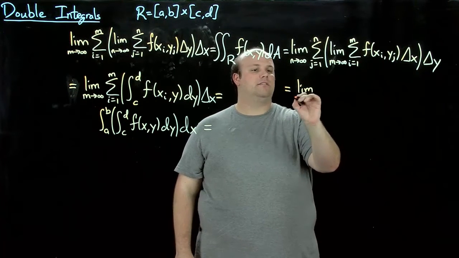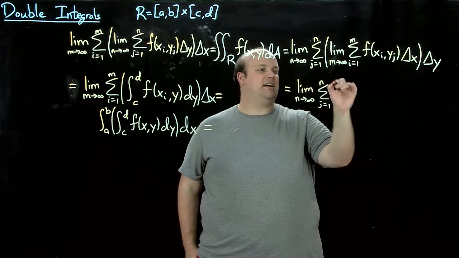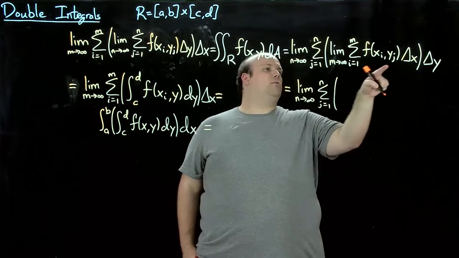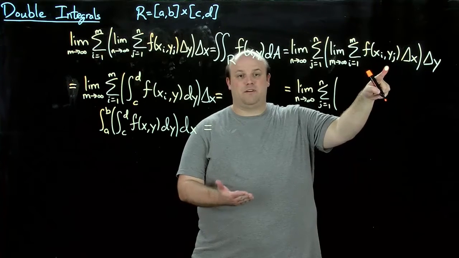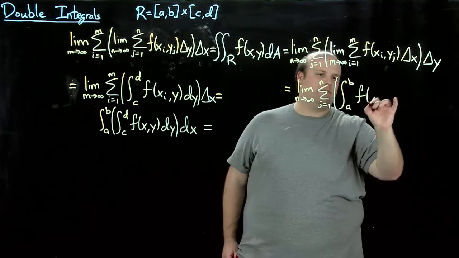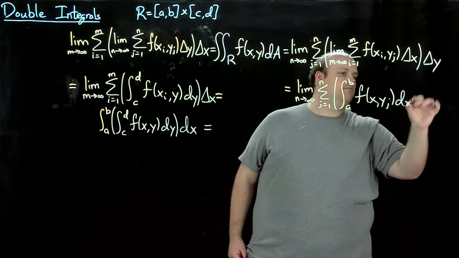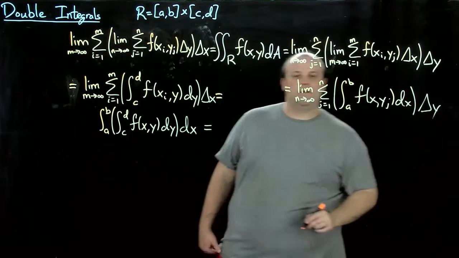Now if we go over here, we can do pretty much the same thing. So limit as n goes to infinity, sum j equals 1 to n. This inside, now we're doing the Riemann sum for the x variable first. So this is just the integral from a to b of f of x, y sub j, dx, parentheses, delta y.